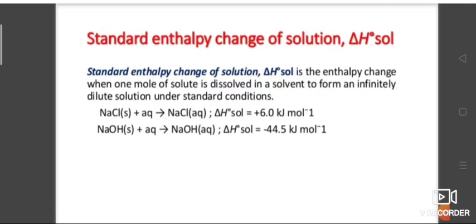For example, hydrochloric acid. We are dissolving hydrochloric acid in 5 moles of water, then the enthalpy change is minus 64.06 kilojoules. When HCl is dissolved in 50 moles of water, the enthalpy is minus 72. When hydrochloric acid is dissolved in 200 moles of water, the enthalpy is minus 73. So it changes.